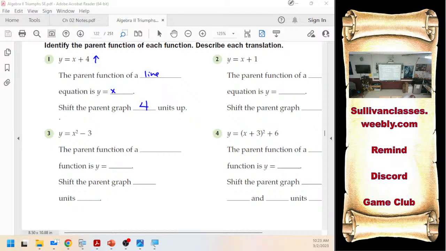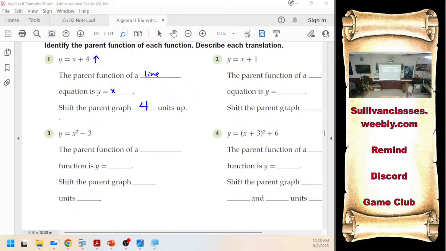So, I write the parent function of a line is y equals x. And then I did this to it. So, I go back to the line, and if it says +1, the arrow tells me I'm headed up 1. 1 unit up.